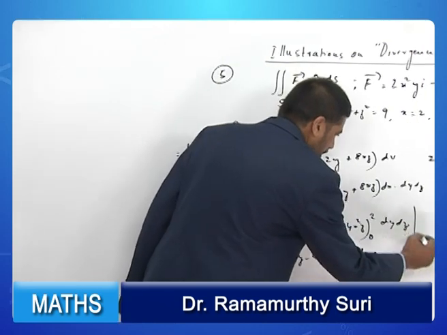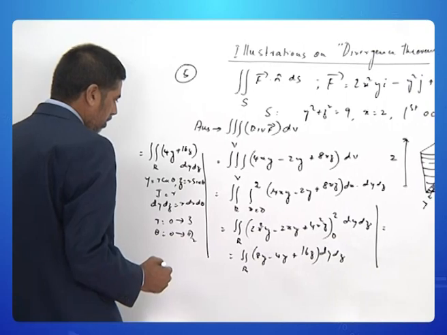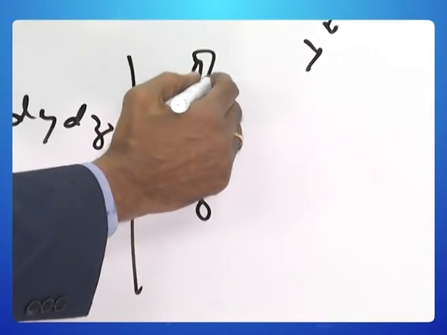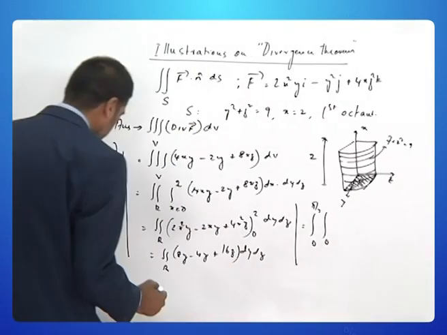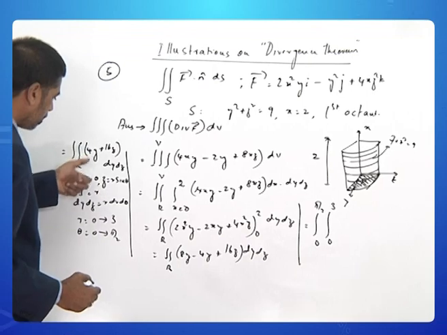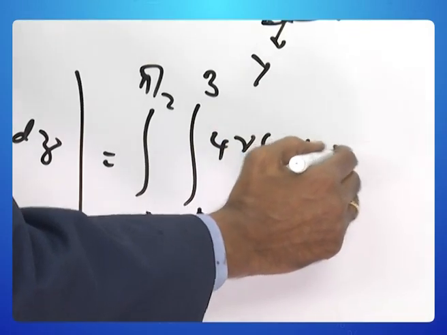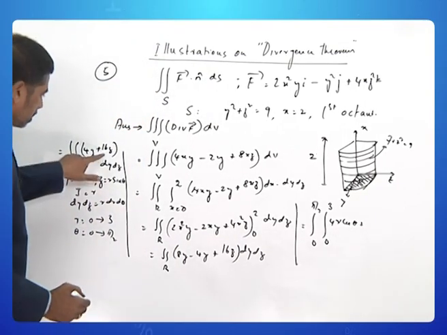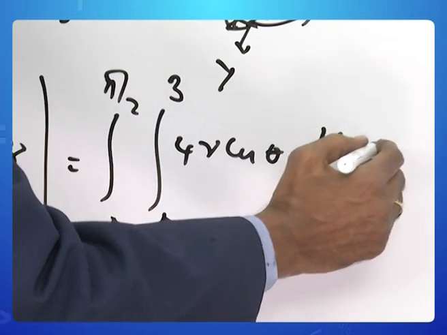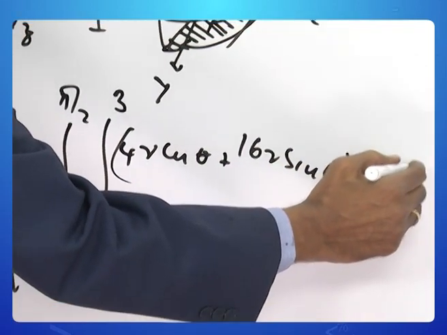So those last parts I will leave to the students' calculation, but I will just set up the limits: 0 to 2, 0 to pi by 2, 0 to 3, 4y becomes 4r cos theta plus 16z would become 16r sin theta into r dr d theta.